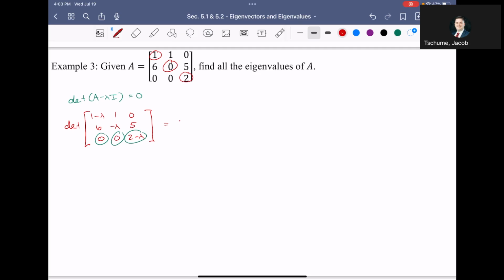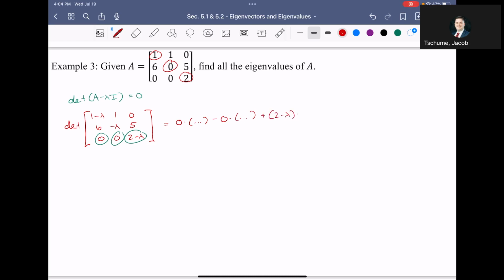So this would technically be positive 0 times, we don't care, because the submatrix will not matter because it's going to go to 0. Then you go minus 0 times, once again, we don't care because its submatrix is irrelevant. And then you're back to plus.